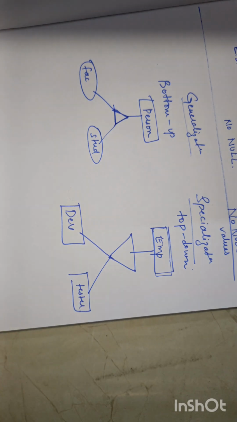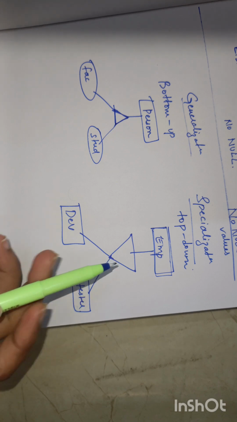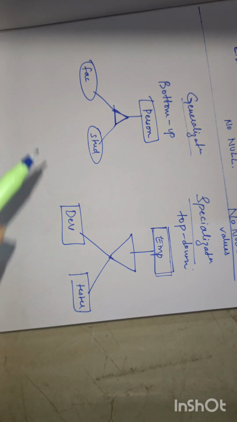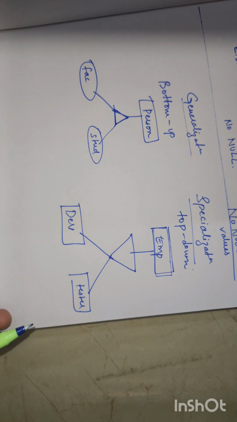So that is how any entity is divided into sub entities based on any characteristic. A higher level entity is specialized into two or more lower level entities. So an employee can either be a developer or a tester.